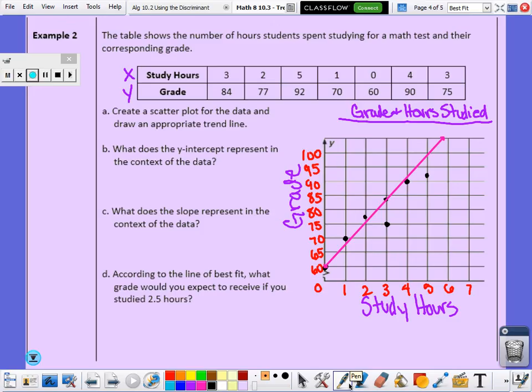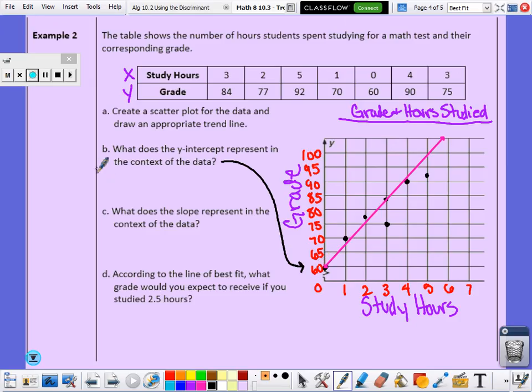Okay, part B. We're done with our scatter plot and trend line. What does the y-intercept represent in the context of the data? So our y-intercept is down here at 60. What does that mean? 60 what? The x-coordinate of that would be 0. Well, 0 is the number of hours studied, and 60 would be their grade.